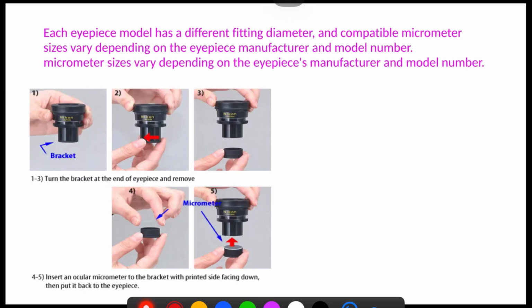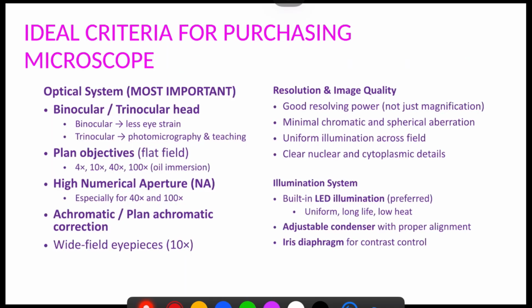for a precise result. Now how do you insert this ocular micrometer in the eyepiece? This diagram shows how to put them into the eyepiece. Now if you want to purchase a microscope, you have to see all the parameters that we have discussed earlier.